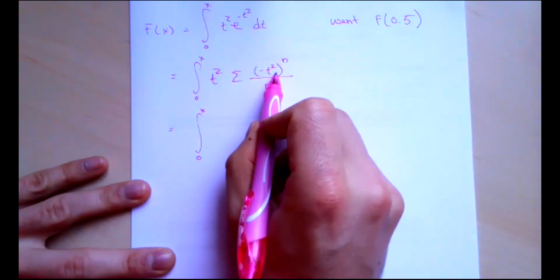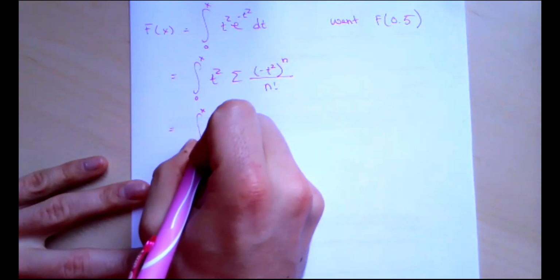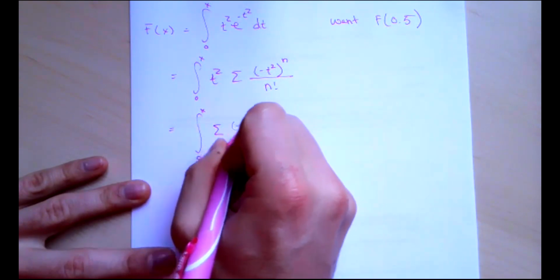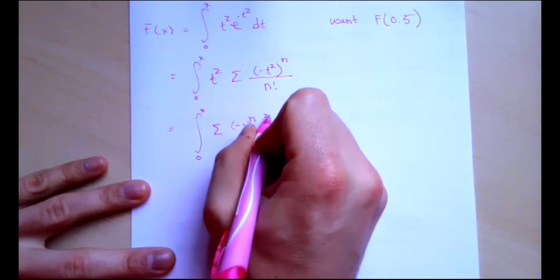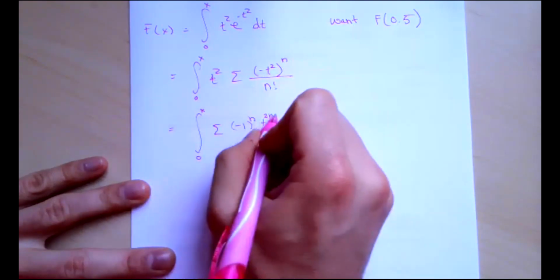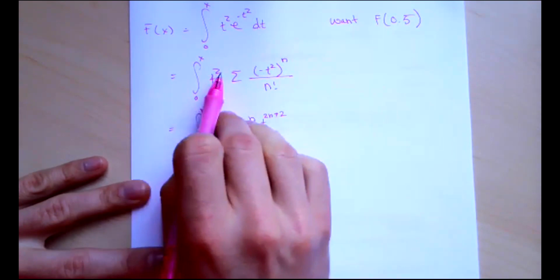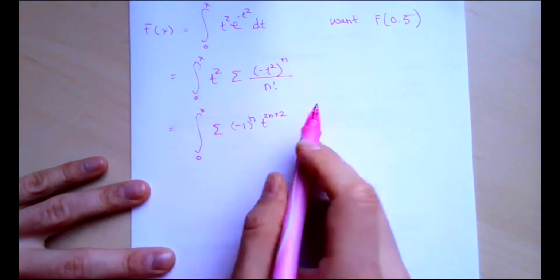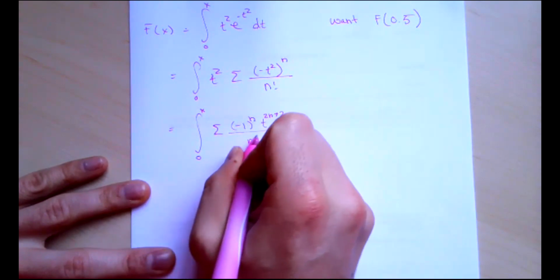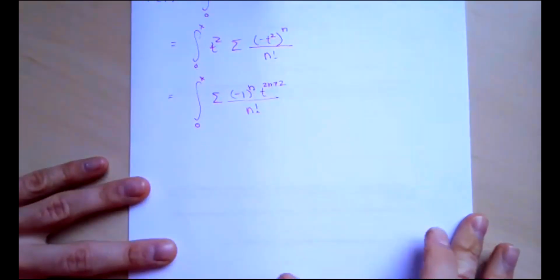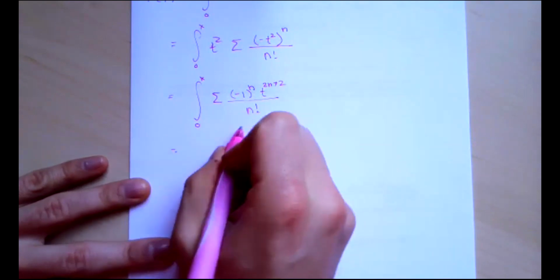So when I distribute that, I will have a minus 1 to the n. We will have a t to the 2n, and then I have plus a 2, since we're multiplying by 2 more powers of t. Now we can do the integral.